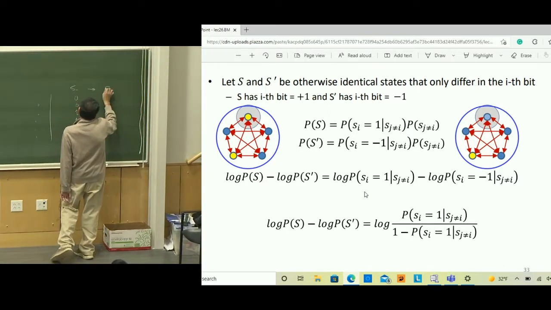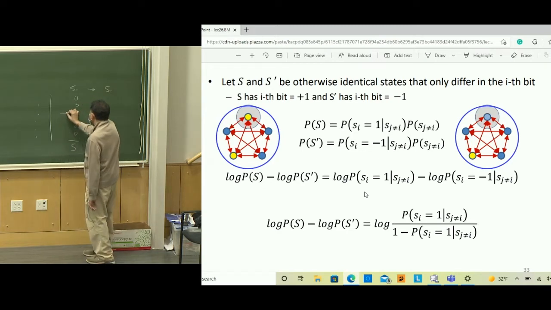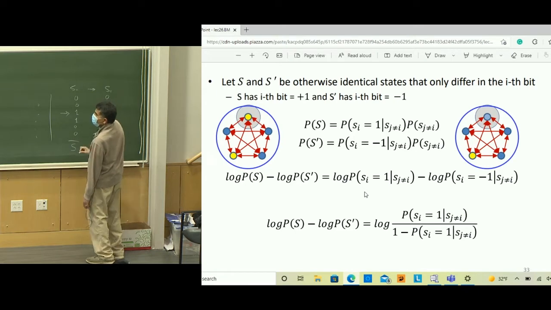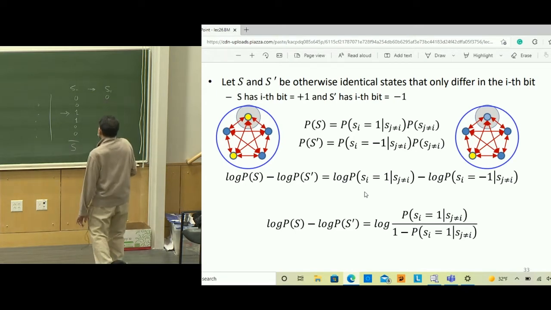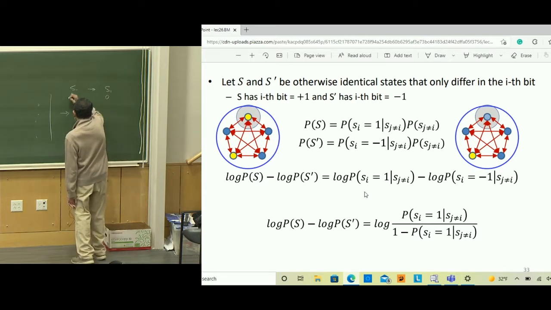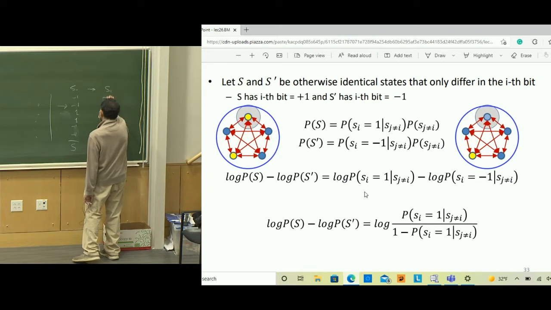And then I'm going to call this S plus, where I've chosen just one bit. All the other bits stay the same. So this is minus 1, 1, 1, minus 1, 1, minus 1. But this one bit flips. I'll call this S plus.